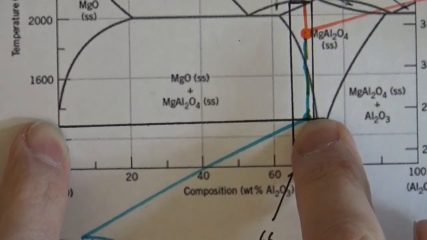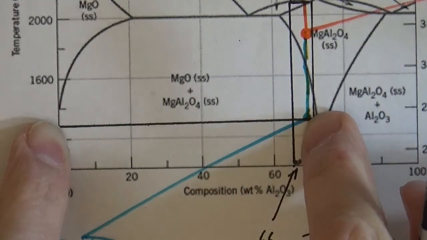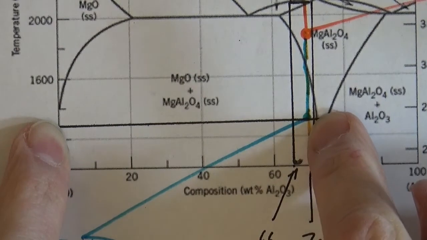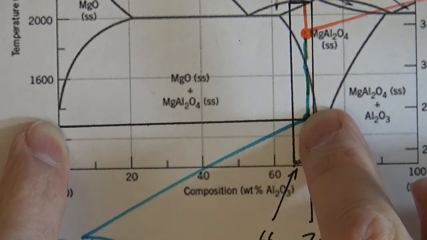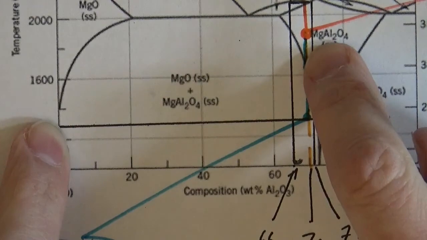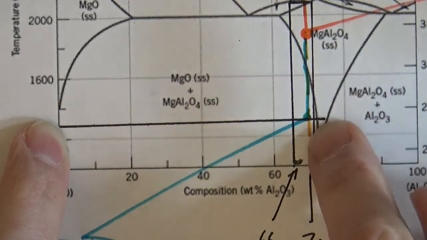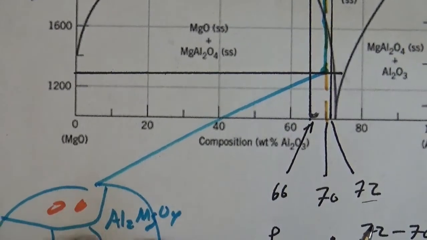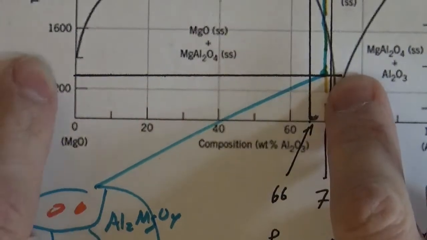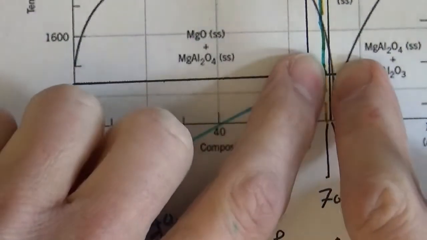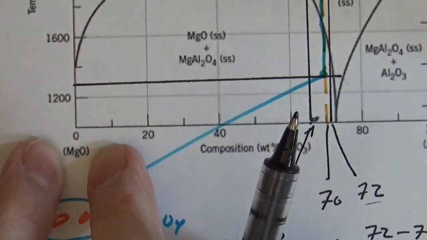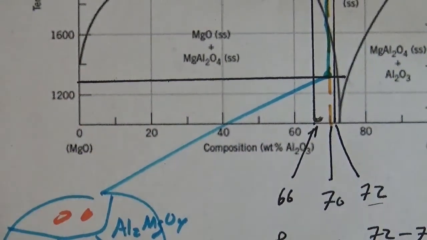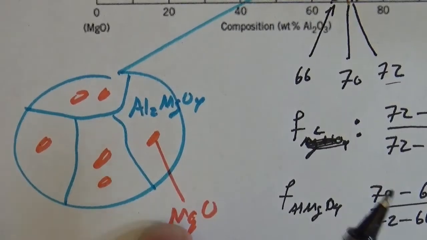So basically, that is huge, right? The fraction of MgAl2O4 is 98 parts would be the Al2MgO4, and then 2%, that little tiny bit, would be the MgO. So this picture is actually pretty realistic.